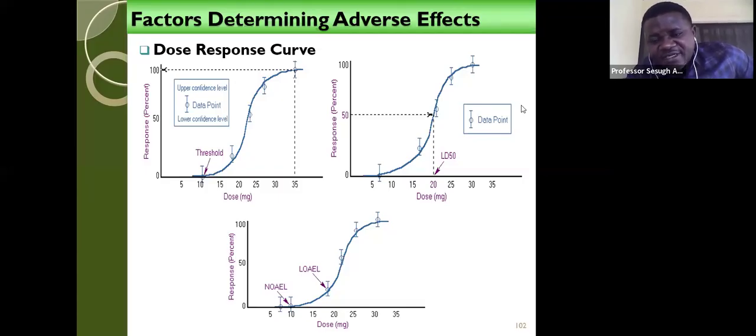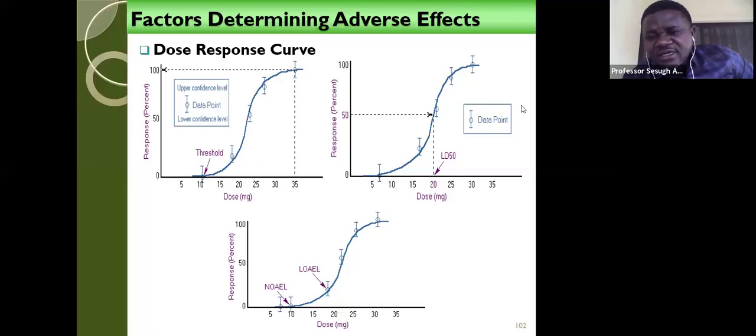LD50 is the concentration or the amount that is responsible for the killing of 50% of the population. That is what you mean by LD50.